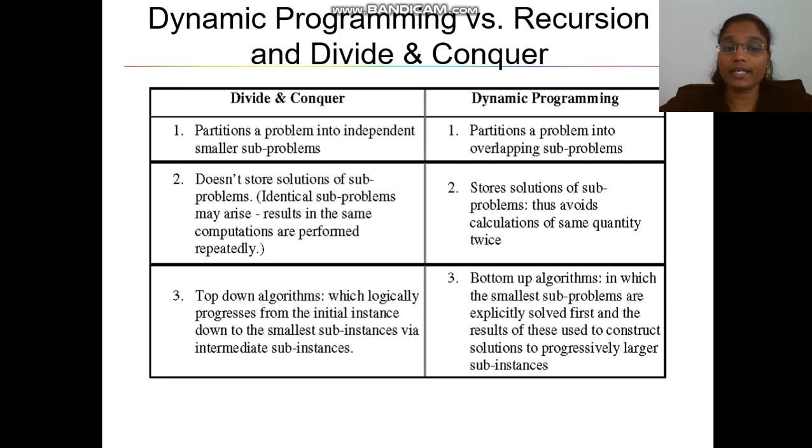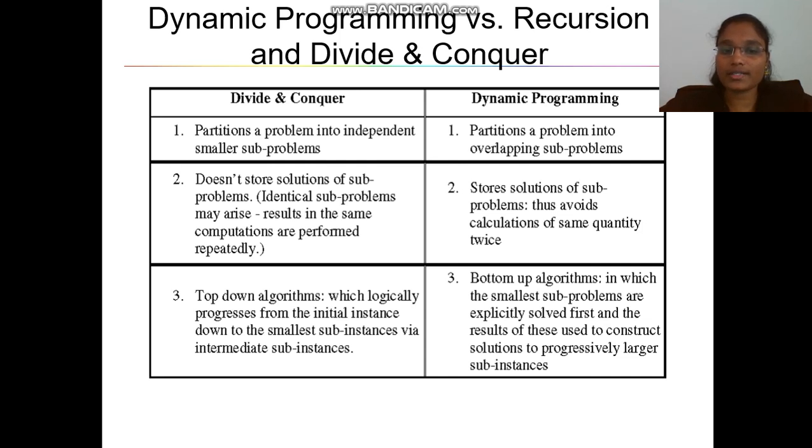So even if identical subproblems arise, we do not know, and we keep on doing the same thing again, and the results are not stored anywhere. Whereas dynamic programming stores the solutions of the subproblems. So whenever that same subproblem occurs again, we need not calculate it again, and we can use the solution we have calculated earlier.